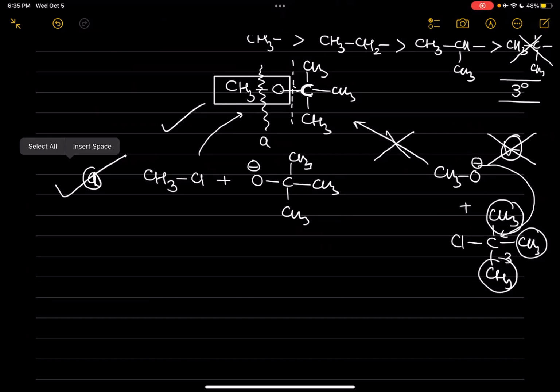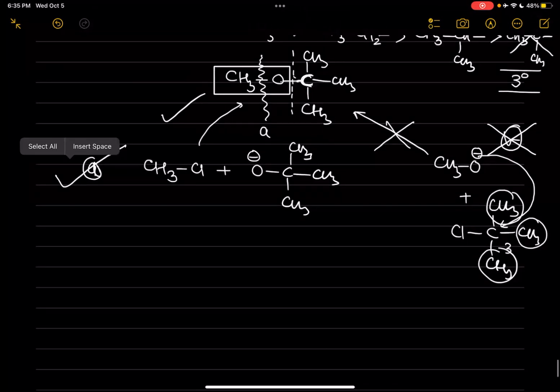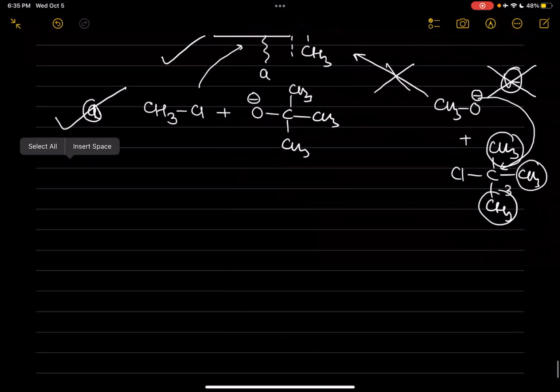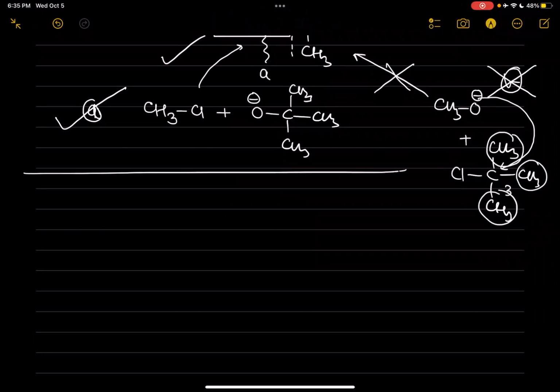Yes, sir, clear. Right. So how are you going to prepare anisole? Anisole is an aromatic ether. This is a common name. So what's the structure of anisole? Who is going to tell me?